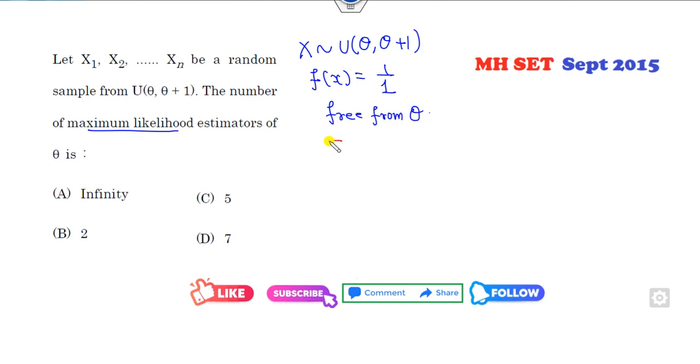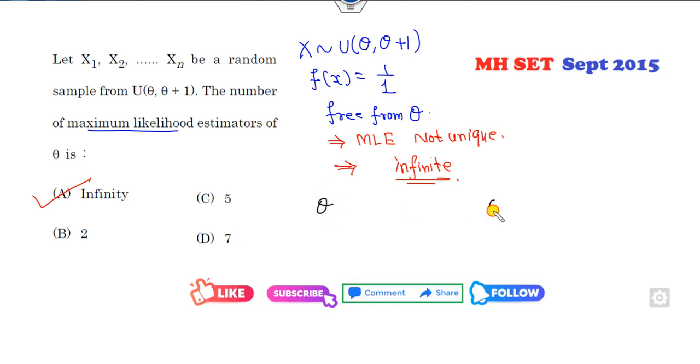So once it is free from theta, what is the meaning of that? MLE is not unique. Fine. So once MLE is not unique, how many MLEs are there? It has infinitely many MLEs. So the number of MLEs is infinite.